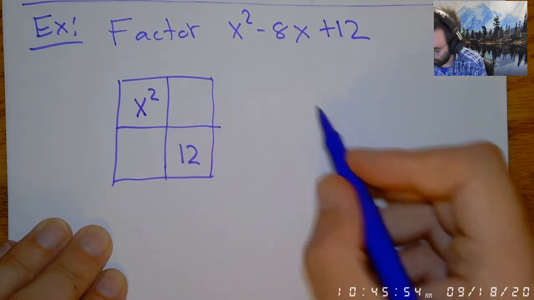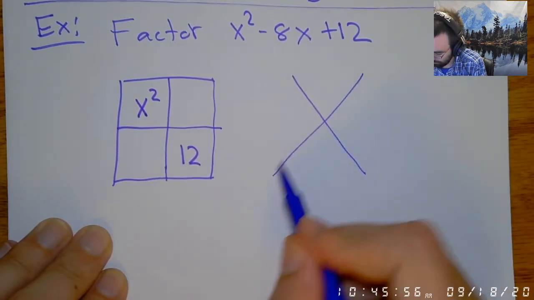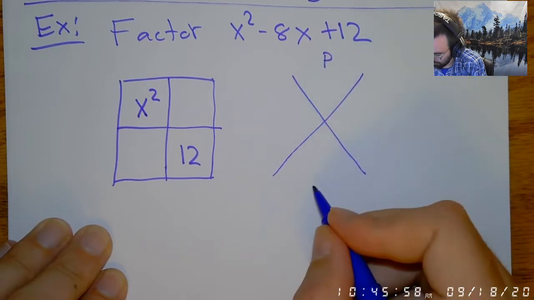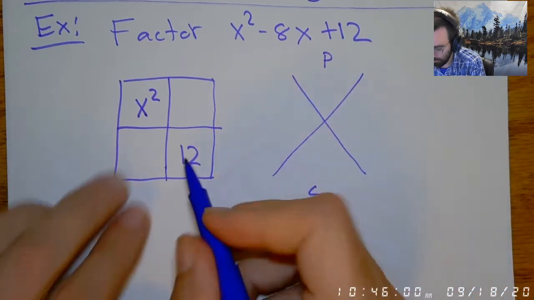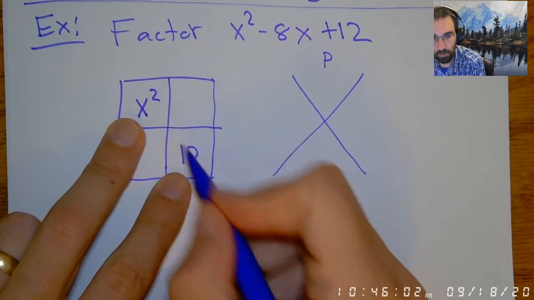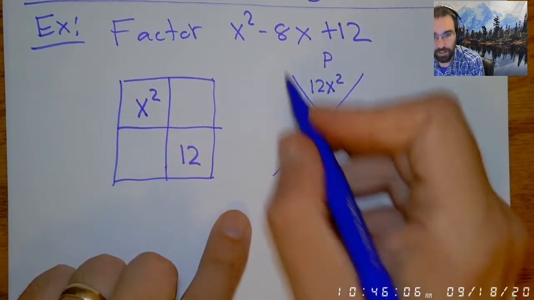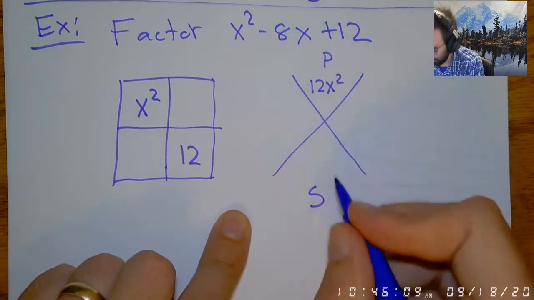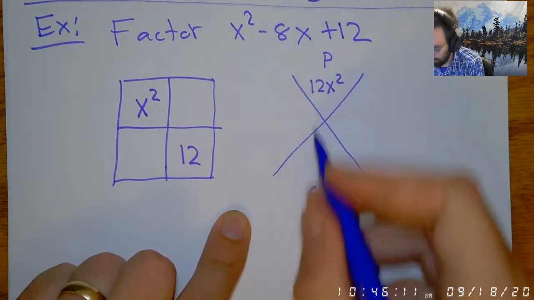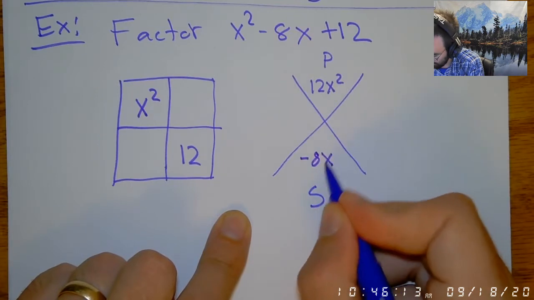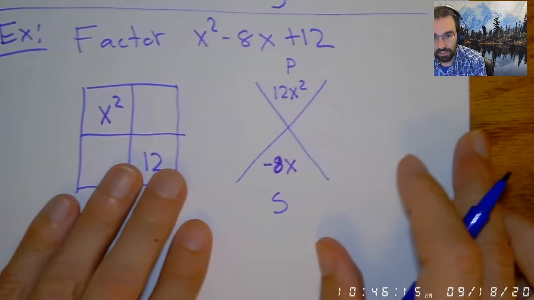To find these two, I'm going to have a mini game where I have the product and the sum. The product is these two being multiplied, so 12x squared, and the sum is going to be my linear term. So see how there's a negative here? I have to write negative x. So things are going to get interesting now.